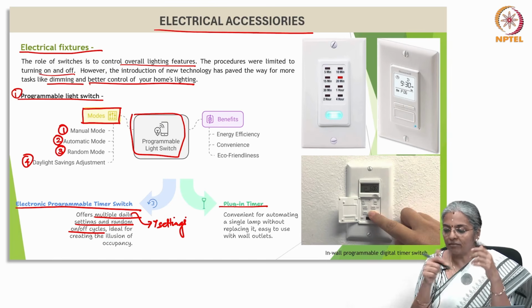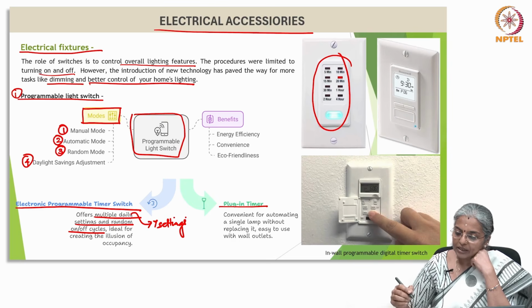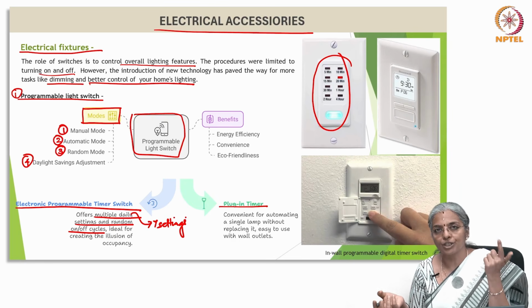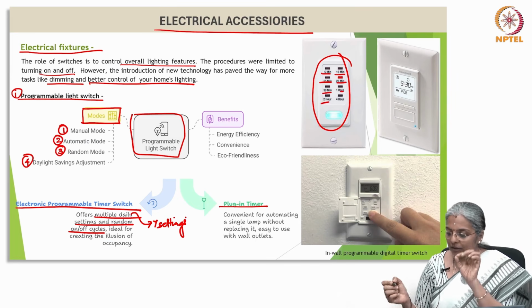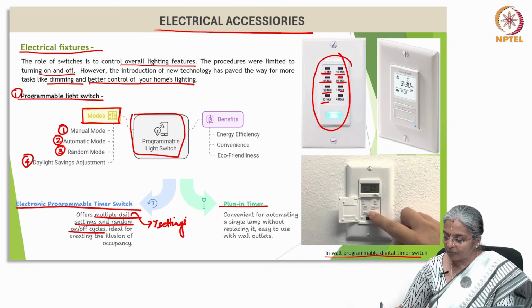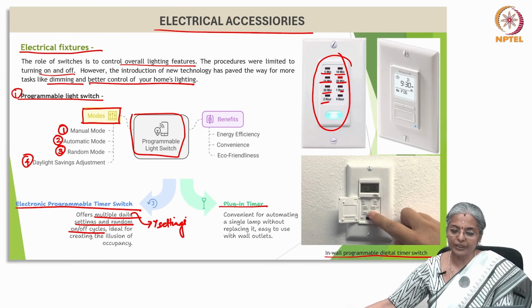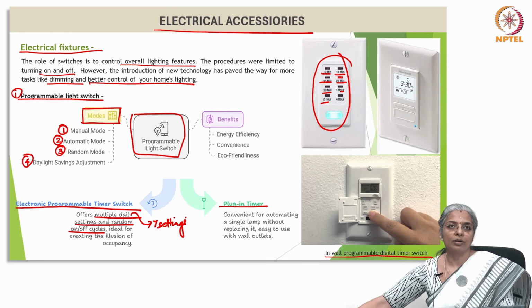So, we can have the programmable switches which will automatically switch on and off based on the time that you set. So, these are all examples of in-wall programmable digital timer switch as against our regular switch that we normally use.